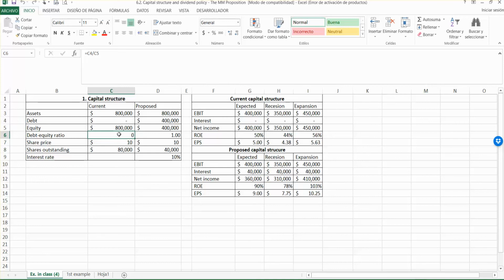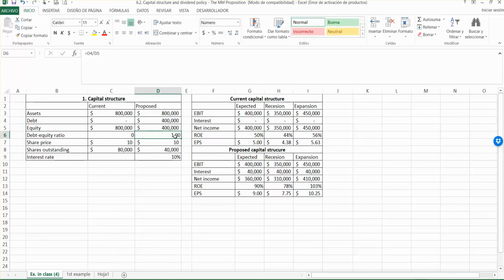Okay, but in the second and proposed option we have obviously 50 and 50%, so that's why we have the debt equity ratio, which is the division of debt and equity. Obviously we have 50-50%, that's why the result is 1.